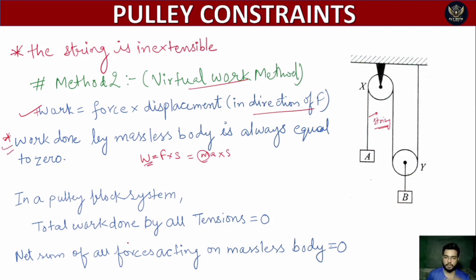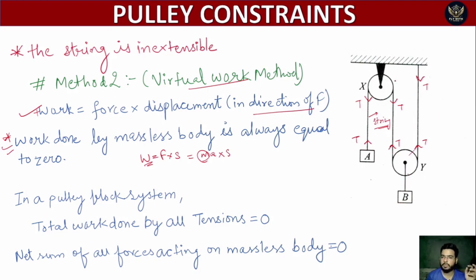Now in the pulley block system, we can say that the total work done by all the tensions... we have studied the tensions: the tension will be applying in that direction, and in that direction, and this is constant. Here also tension is applying, here also, here also. This is the same string, but this string is different from these strings.